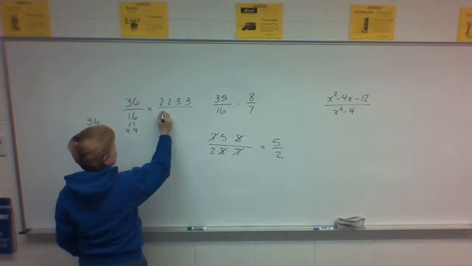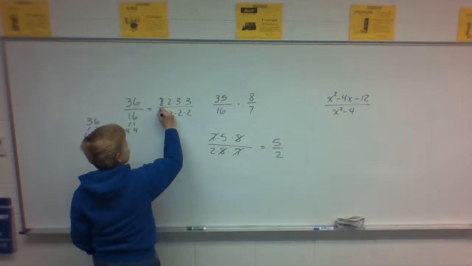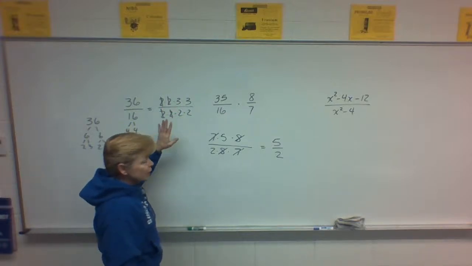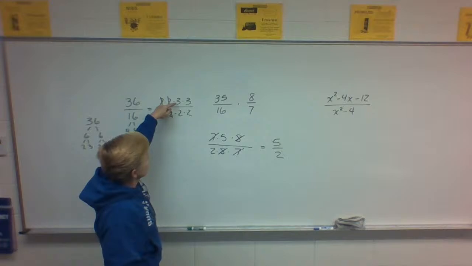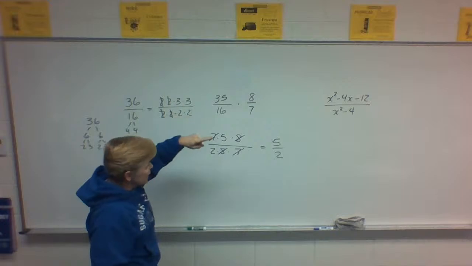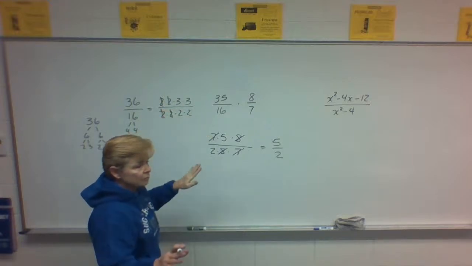That's 2 times 2 times 2 times 2. I'll cancel again. And the temptation, if you're doing just numbers, would be to multiply what remains. But you're not going to do that. You'll just leave it in factored form. The answer to this, if we were doing it with algebra like that over there, we would just call it 3 times 3 over 2 times 2. Leave it. Okay? All right.